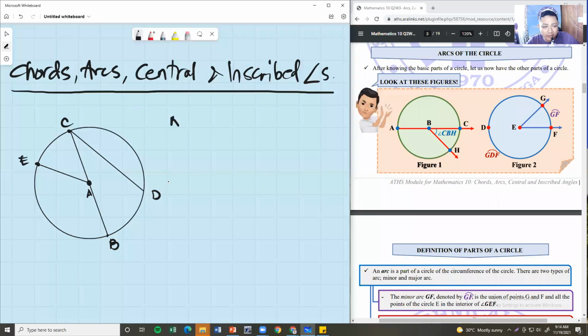We have the minor arc. We also have the semicircle. Let's make the semicircle our second. Semicircle.